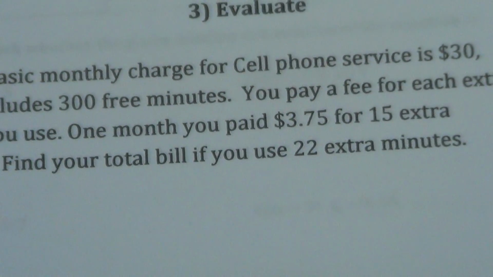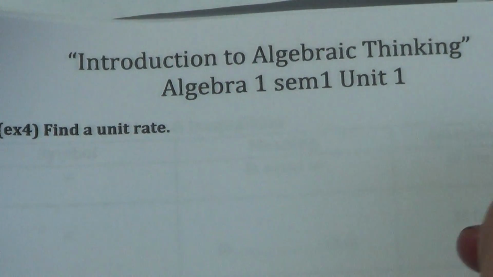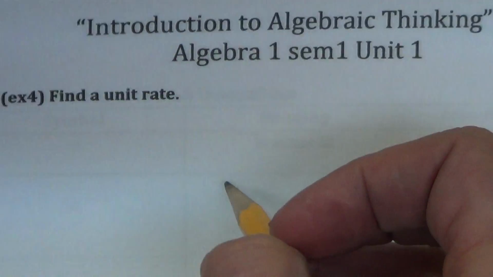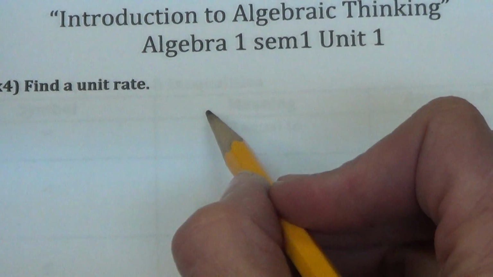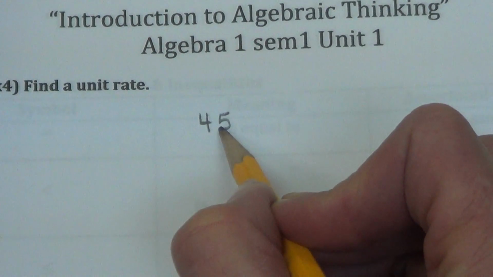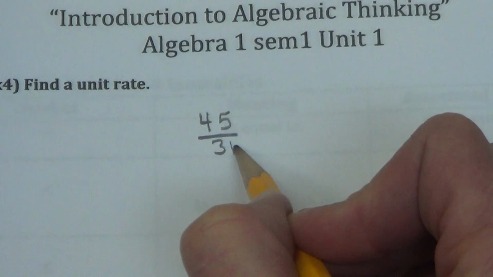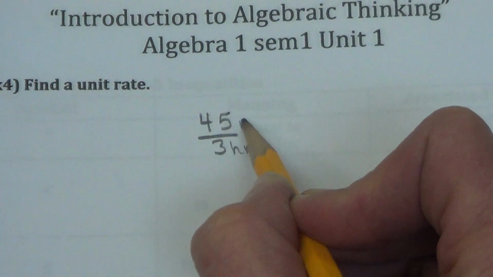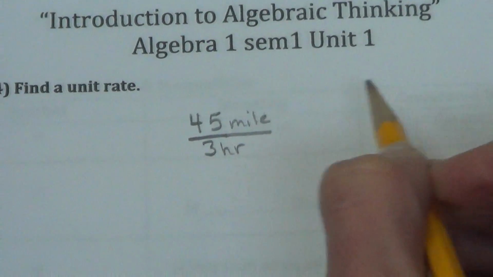The next page of notes says to find a unit rate. Well, here's what a unit rate really means. A unit rate means that it's a rate over 1. So let's say that I am going on my bicycle 45 miles in 3 hours. This is called a rate because it has units over units.